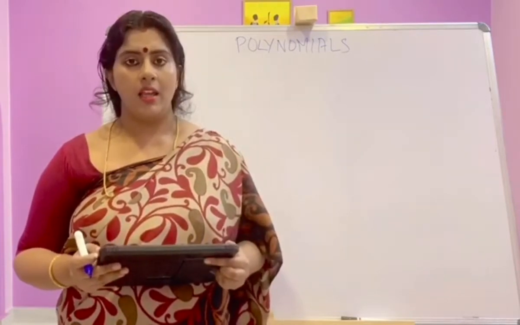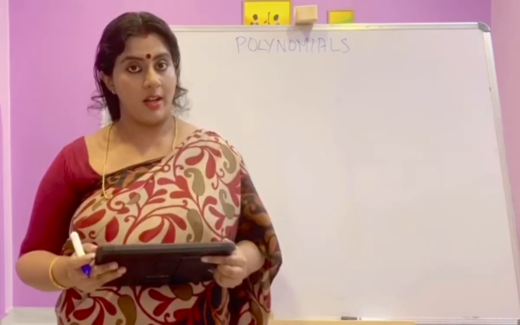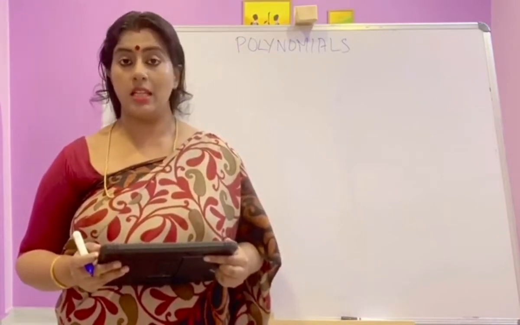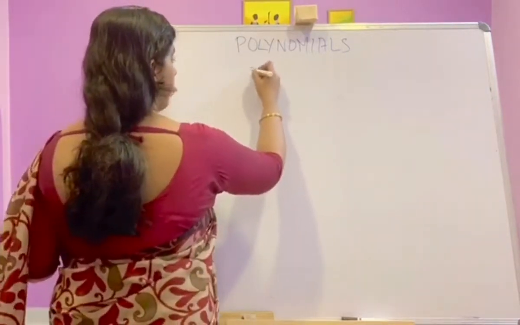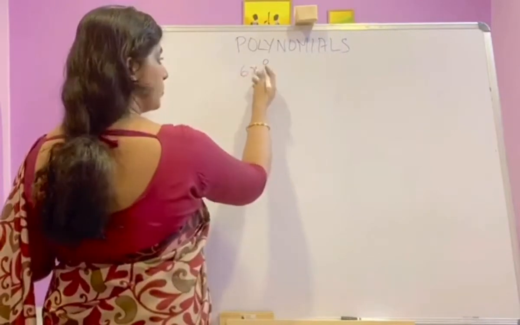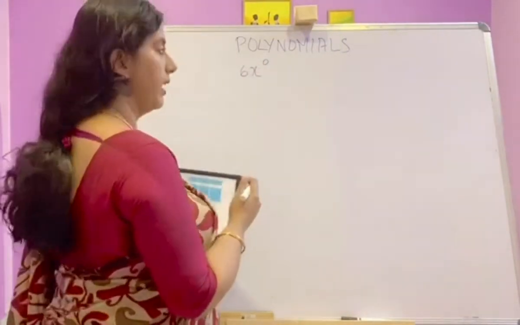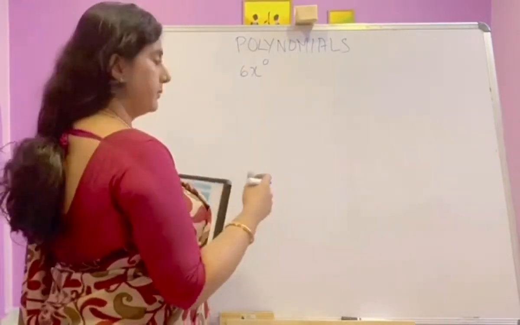But the power must not be a negative value, a fraction, or an irrational number, that is roots. I will show you. We can have a polynomial x raised to 0 or 6x raised to 0. This is a polynomial because the power is 0, which is a whole number.